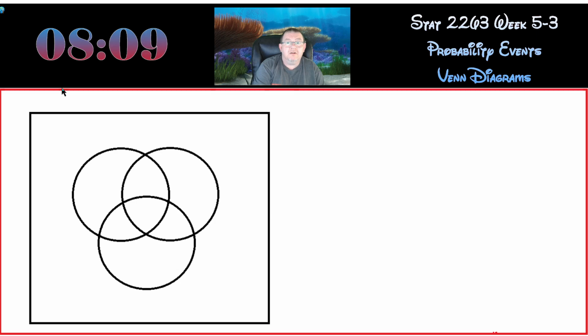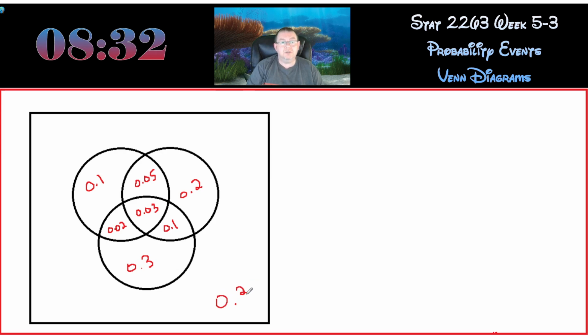And we can come in here and place probabilities like 0.1, 0.05, 0.03, 0.02, 0.1, 0.2, and even 0.3. This tells me the number out here must be 0.2. And then we just need to label them. Let's call this A, B, and obviously C.